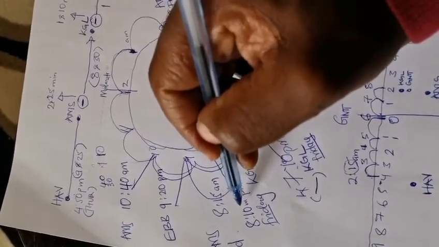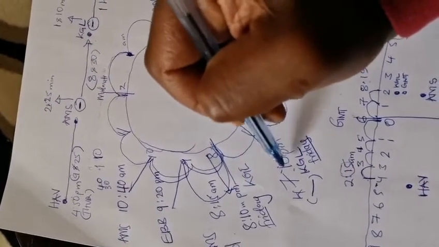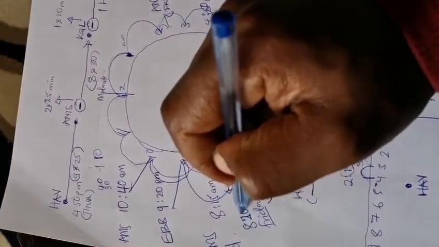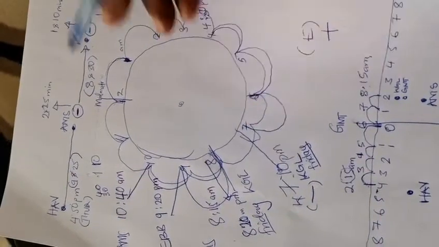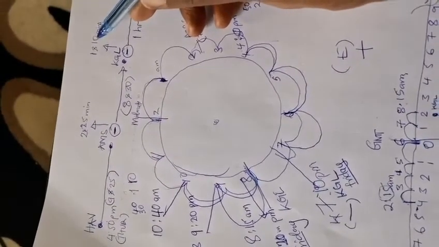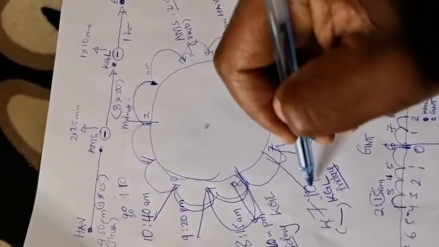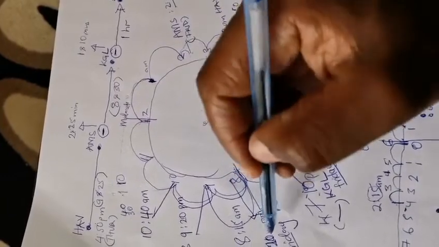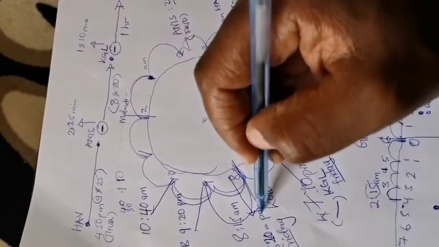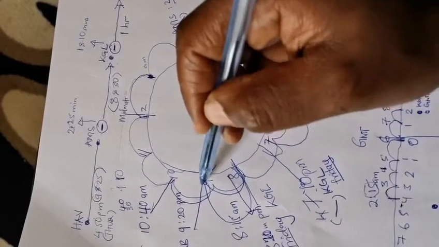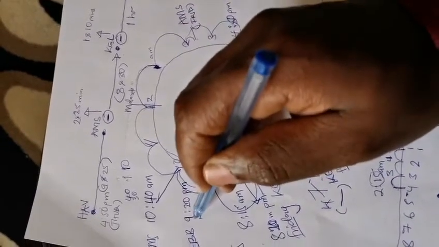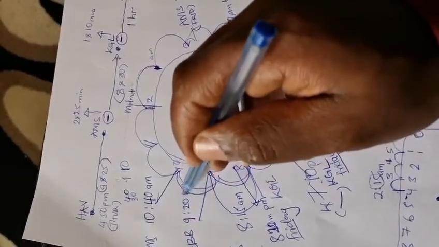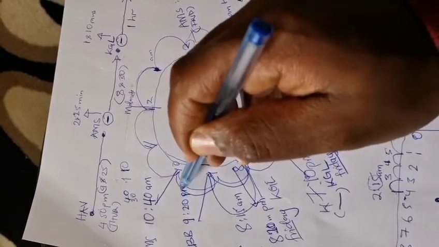Because after adding, actually this should be 8:20. After adding the 1 hour and 10 minutes to 7:10 p.m., we get 8:20 p.m. Then we travel for 1 hour. We are going to arrive at EBB at 9:20 p.m.